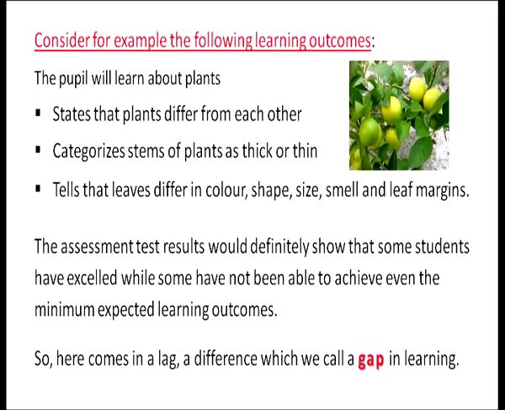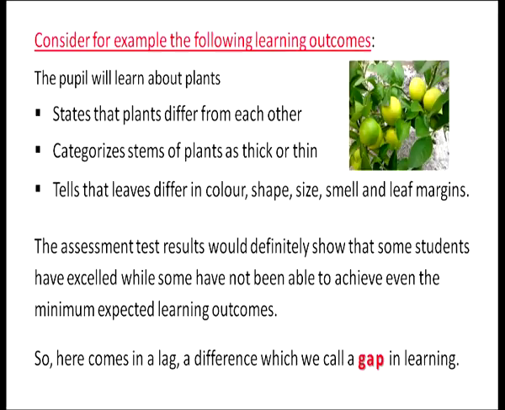And the specific learning outcomes there are: states that plants differ from each other, categorizes stems of plants as thick or thin, tells that leaves differ in color, shape, size, smell, and also the leaf margins. That means the child is exposed to this entire content.